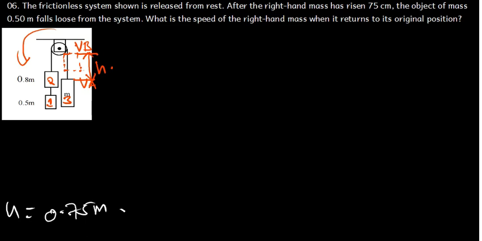Now they are saying that after the 0.5 mass was removed from the system, it started going in this direction because mass 3 now had greater weight force than the one for 0.8. That's the reason why it started going in the opposite direction when that other mass was removed.